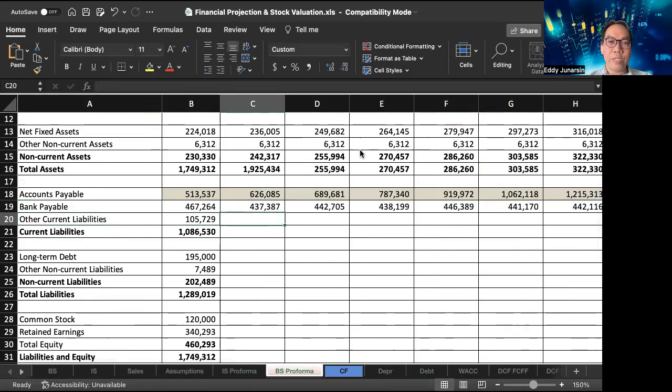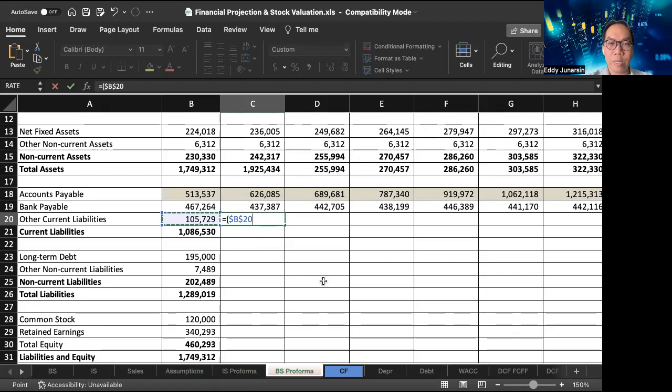Other current liabilities, again, it depends on how you want to assume. You can assume they're constant throughout the analysis period, or you can define them as a percentage of sales. So we do again the other current liabilities, and we lock it because we want to maintain the ratio.